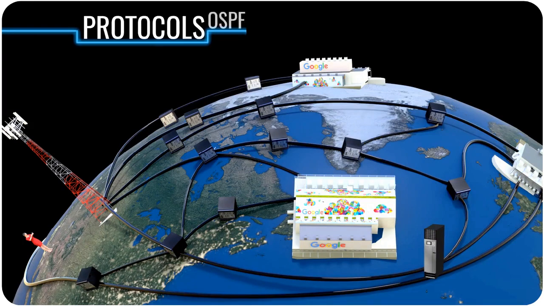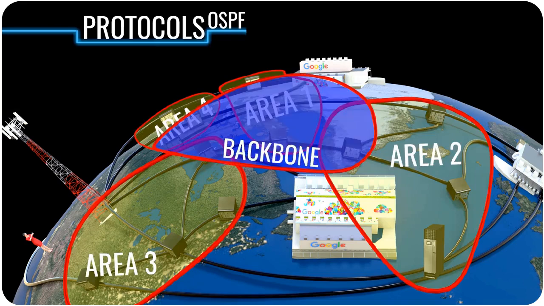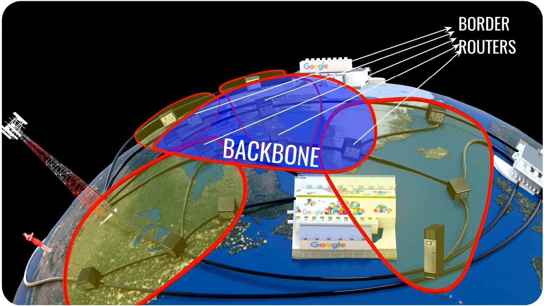In OSPF, the complete network is divided into several local areas. A backbone area is also created, which shares at least one router from the local areas. This way, a few border routers are created. You can see all the local areas are connected to the backbone area via these border routers.